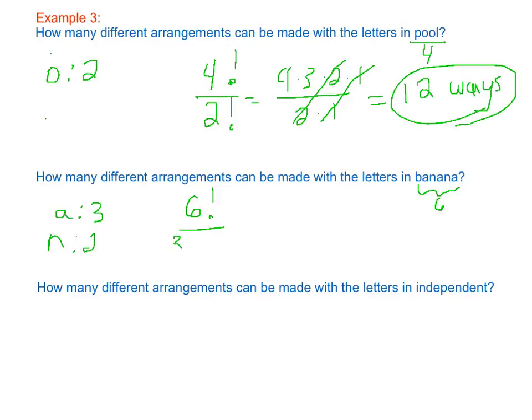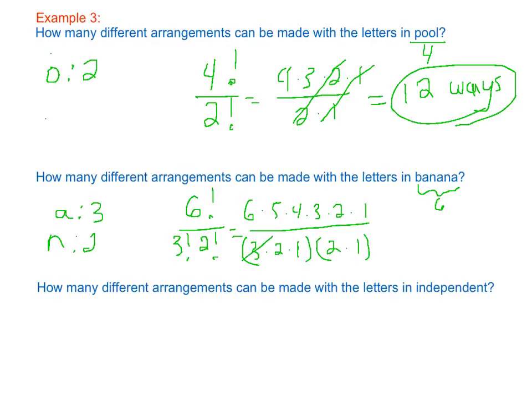So we have 6 times 5 times 4 times 3 times 2 times 1, all over 3 times 2 times 1, and then 2 times 1.